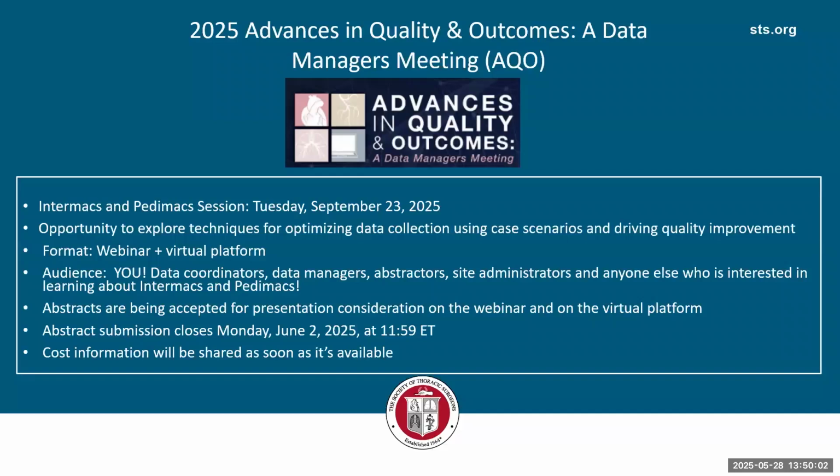The abstract submission deadline is Monday, June the 2nd. You can find out more information about submitting an abstract online. Currently, we do not have any cost information, but we will share that with you as soon as it is available. Emily, do you have anything to add?